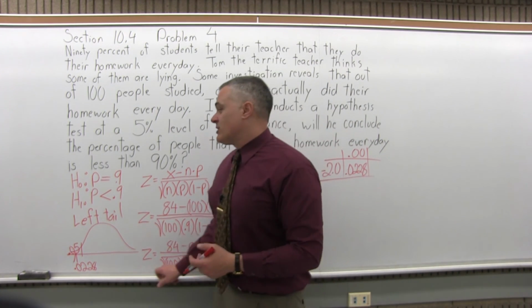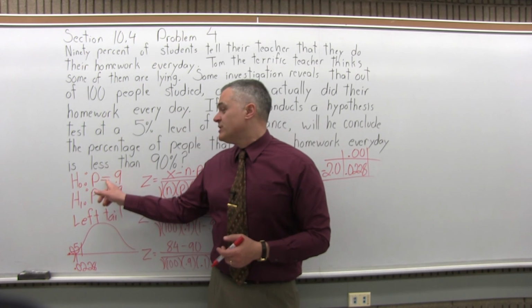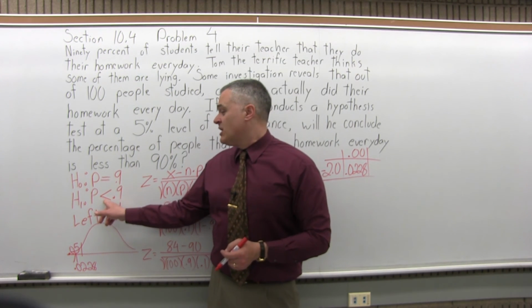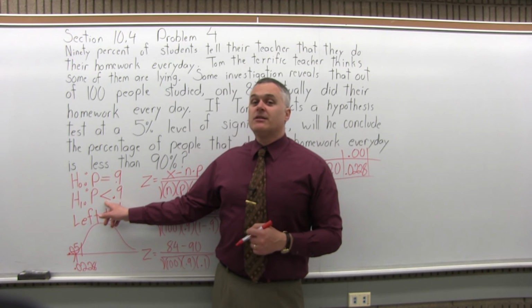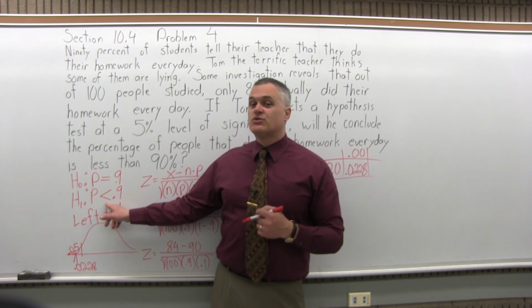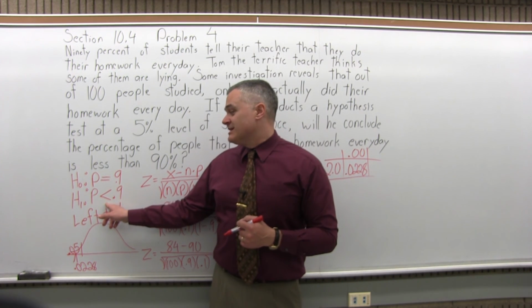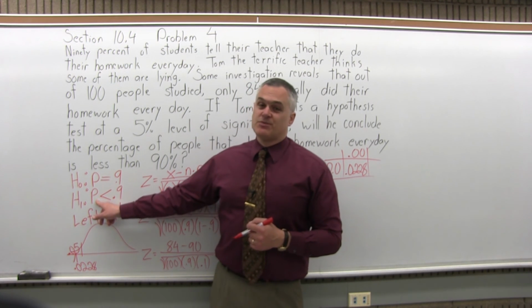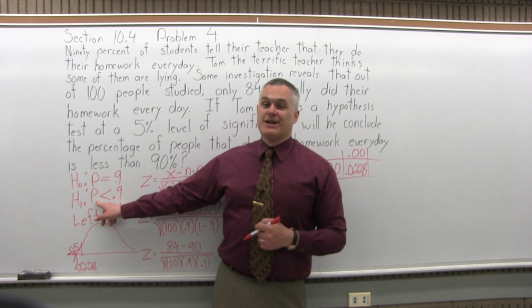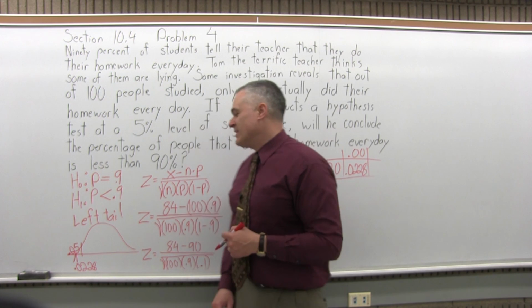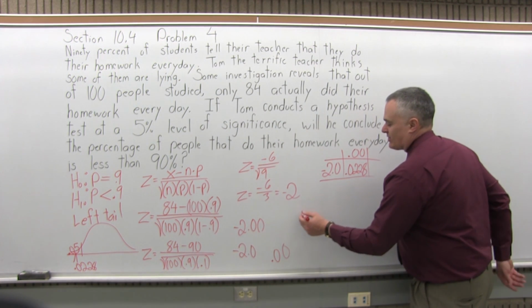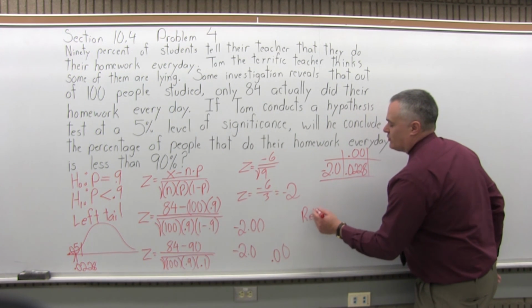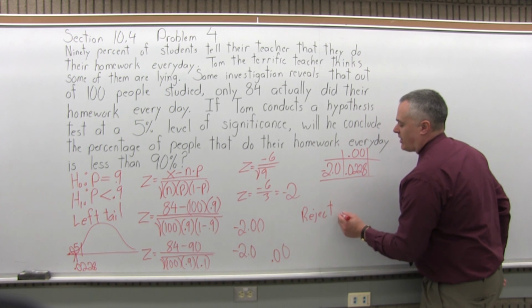So when you get into the critical region, your conclusion is to reject the null, which means you feel that it is more likely that the alternate hypothesis is the true statement, which in this case is that the percentage of people that really do their homework every day is less than 90%. So the final step, step 6, state your conclusion. Your conclusion is reject the null hypothesis.